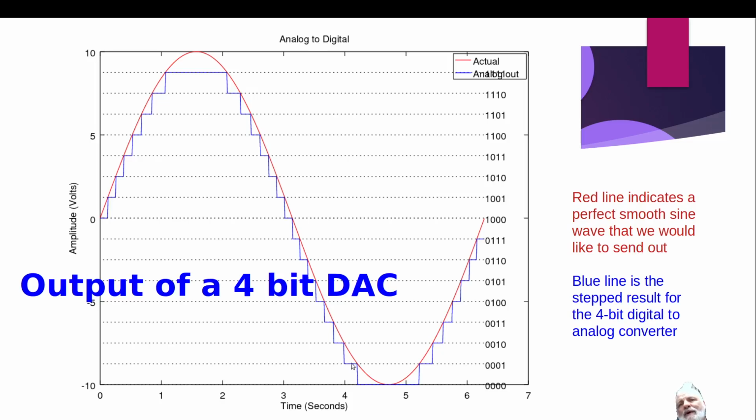And so you don't get a perfect sine wave, but you get this kind of step waveform coming out. When you put out 0001, it'll hold that value until you put out a different value.